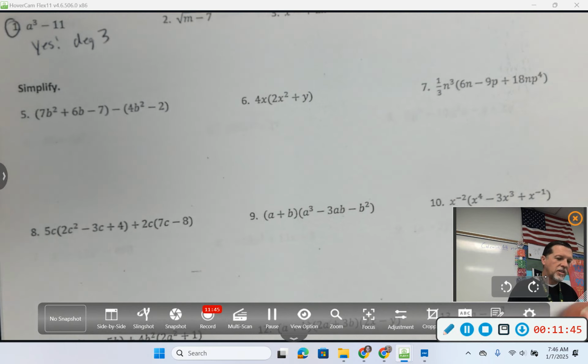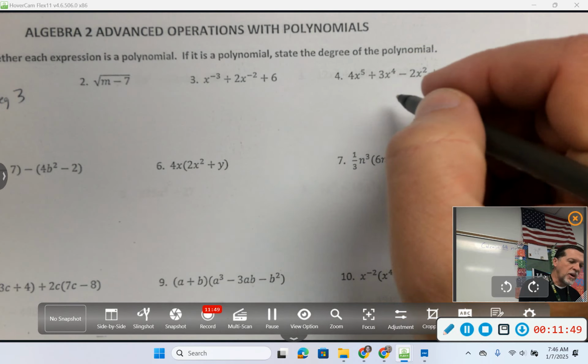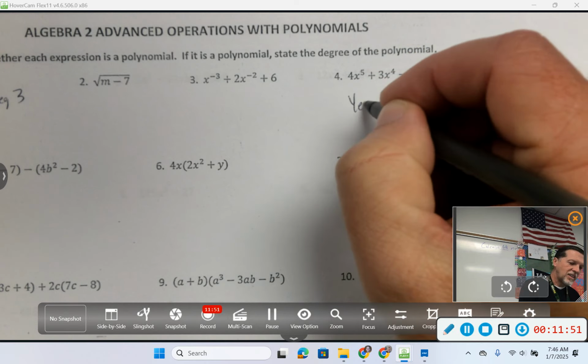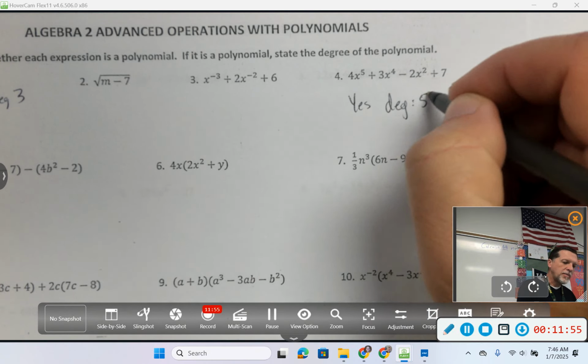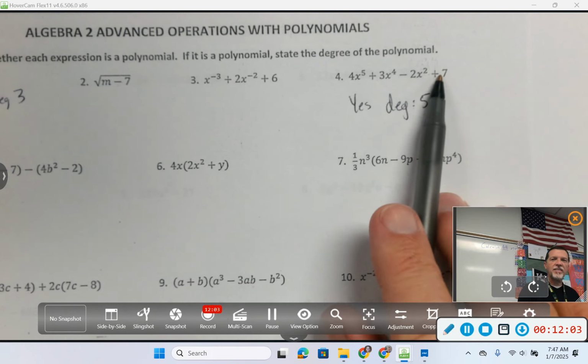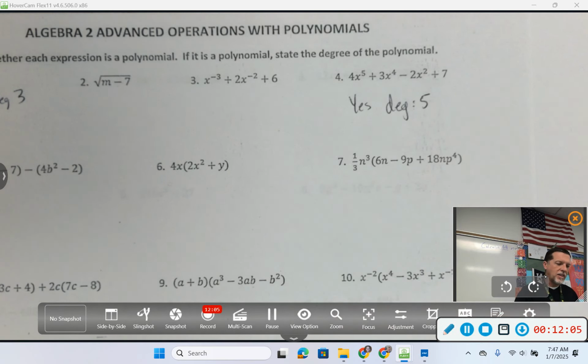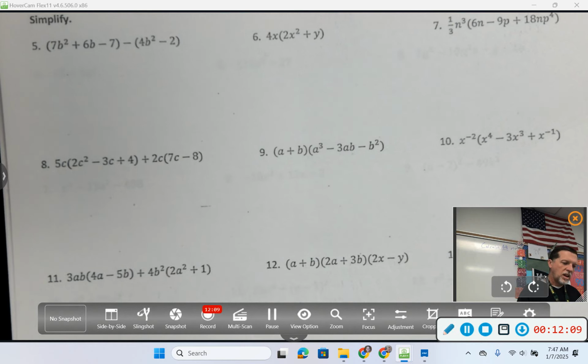Don't know what the degree is on 4? Well, first, is it a polynomial? Yes. And its degree is 5. It's the biggest power. Be careful. Don't say it's the biggest number, because it's not. The degree isn't 7. The degree is 5. Biggest power, biggest exponent.